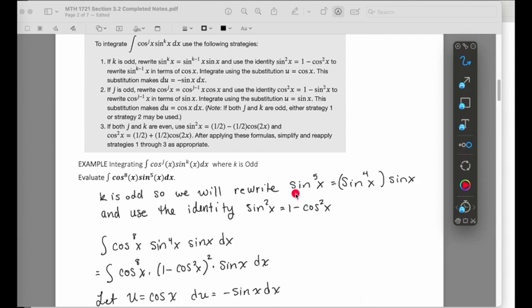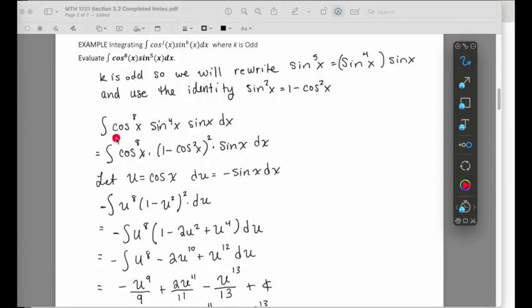We're going to rewrite sine to the 5th as sine to the 4th times sine. See, we're writing it so that it's 1 less power times sine, so that when I multiply this out, I still get sine to the 5th. And then it says, use your Pythagorean identity to rewrite that sine that's to the even power in terms of cosine. And then when you integrate, you can let u be cosine x.